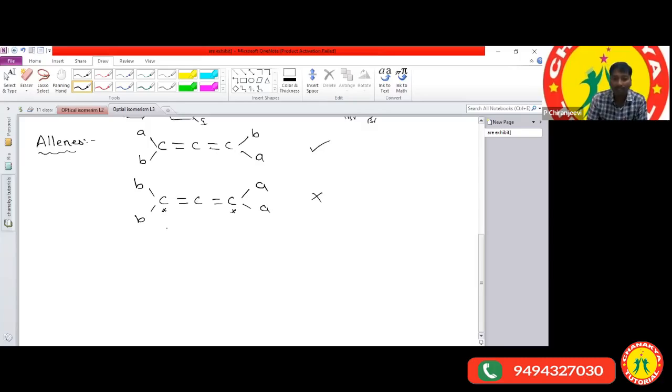I'll give one example for this. C double bond C double bond C, here I and Br, and here also I and Br. And another, C double bond C double bond C, here CH3 and H, and here H and C2H5. Do both compounds exhibit optical isomerism or not?